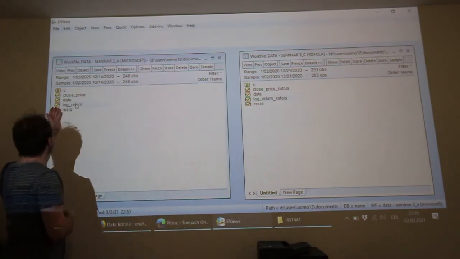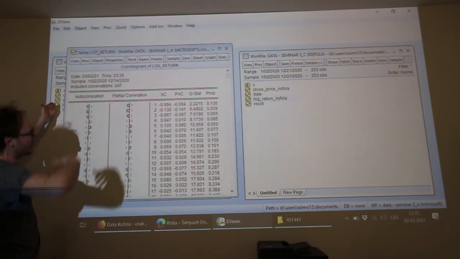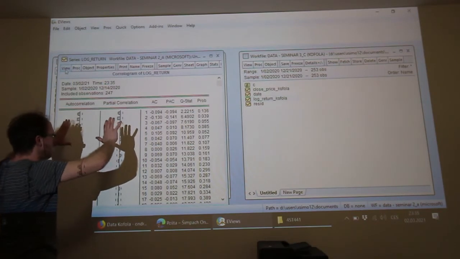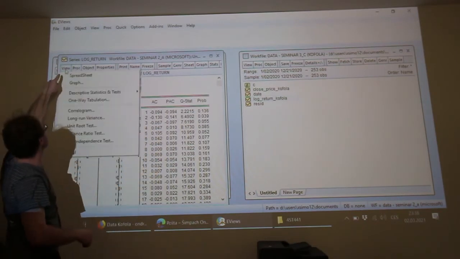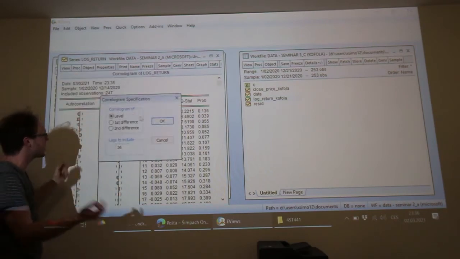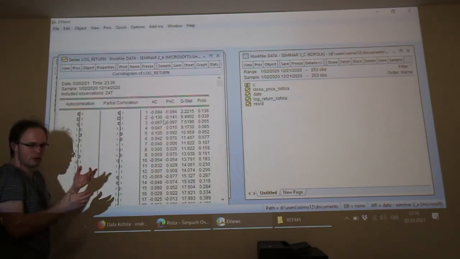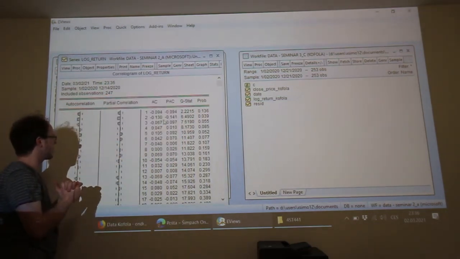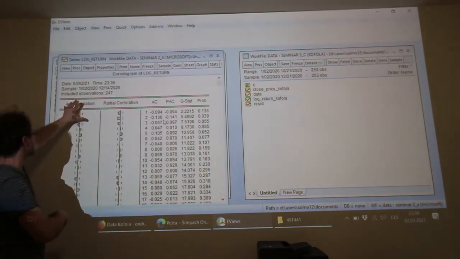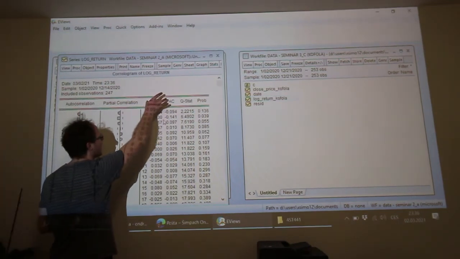We can double click on this file where we have log returns, and if you don't see this table, it's necessary to click on the View button, Correlogram with 3 dots, yes, and select correlogram of level, yes, and you will see this correlogram which we already saw before, with the autocorrelation coefficients.